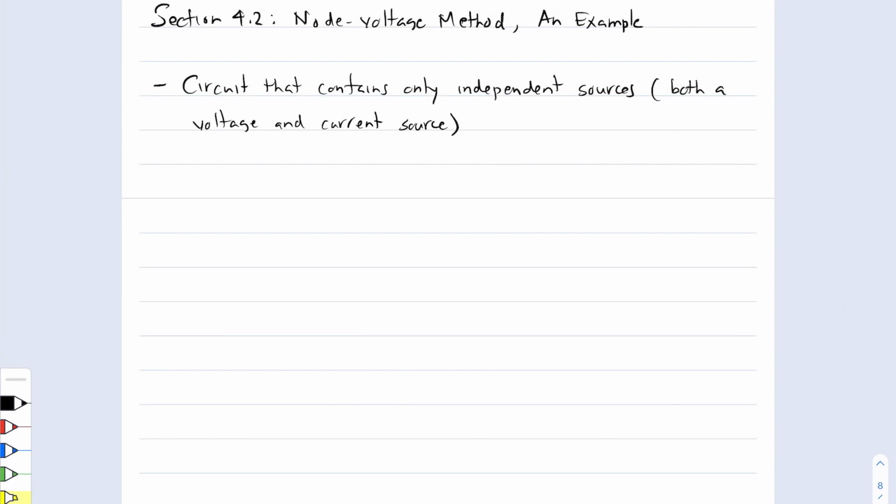Now, the circuit that we have looks like the following. There's an independent voltage source providing us with 10 volts. It is then hooked up to a network of resistors at the top here that look like this. And then at the very end, over here, we have a current source, providing us with 2 amps going up this way.